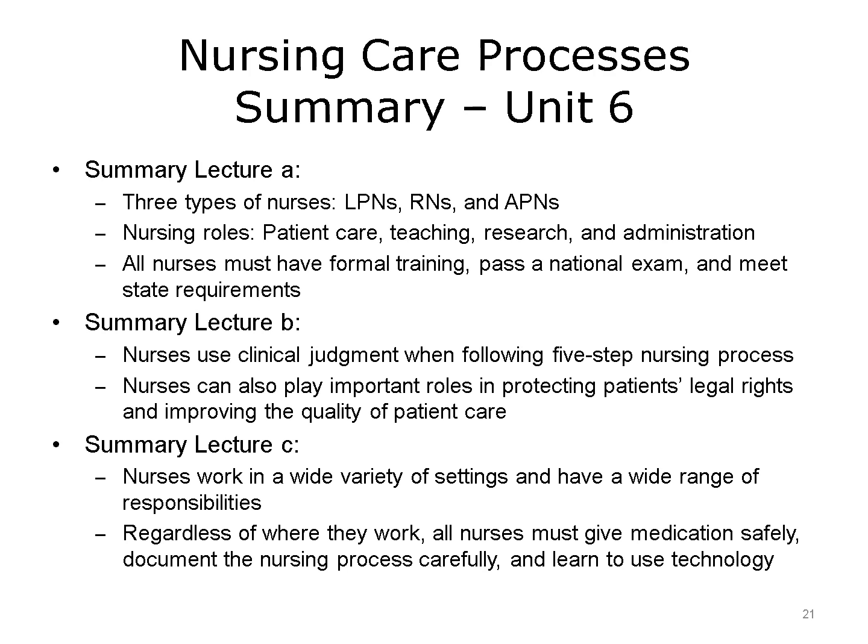Nursing roles include direct patient care, teaching, research, and administration. Specialization enables nurses to gain expertise in specific areas of healthcare. All nurses must have formal training, pass a national exam, and meet state requirements. Nurses stay licensed and build their careers by pursuing continuing education, certification, and advanced degrees.